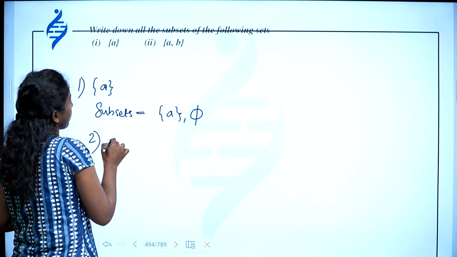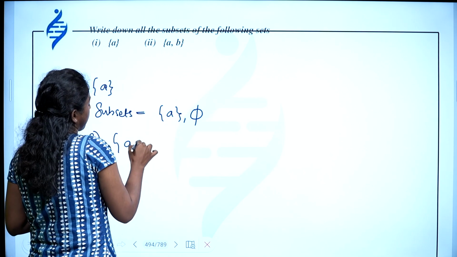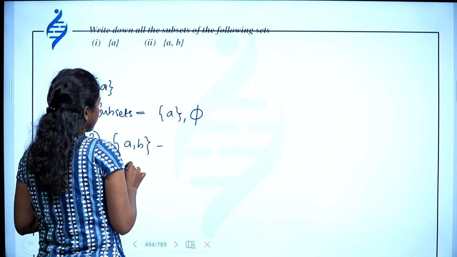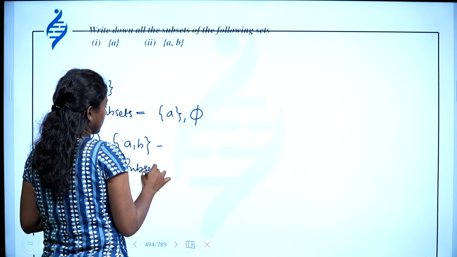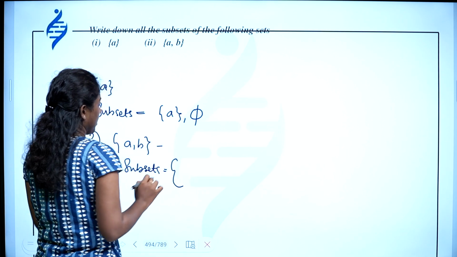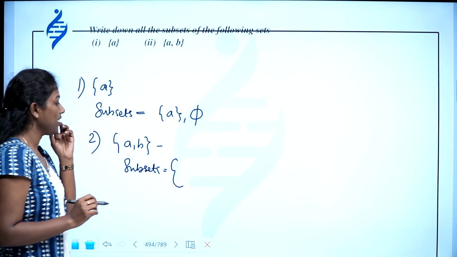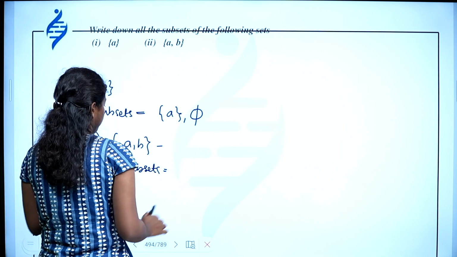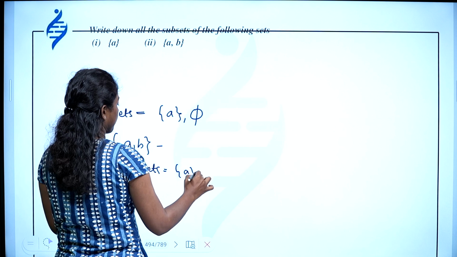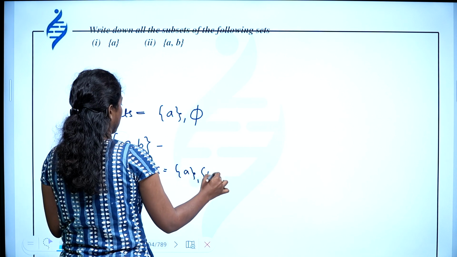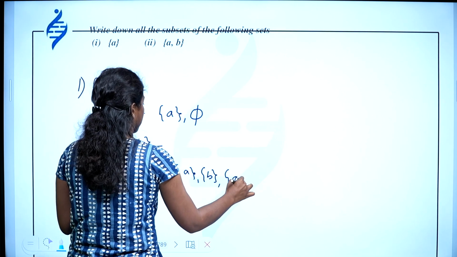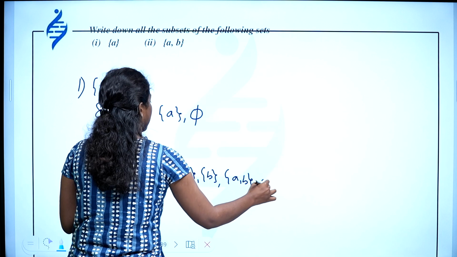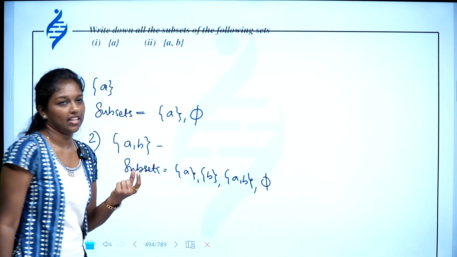Then {a, b}. What are the subsets? First singleton {a}, singleton {b}, then the set itself, then the empty set.